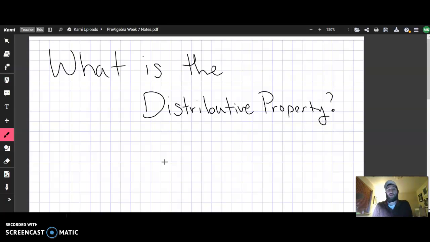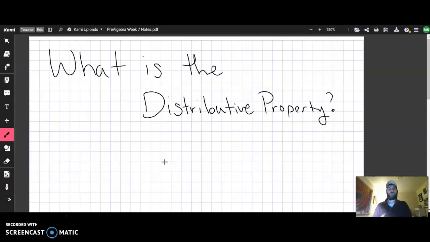In order to really understand the distributive property, we first need to really understand multiplication, and we need to understand what it means to distribute something. In a larger sense, businesses and other places have distributors, and a distributor takes their product or their item and gives that product or item to everyone else.